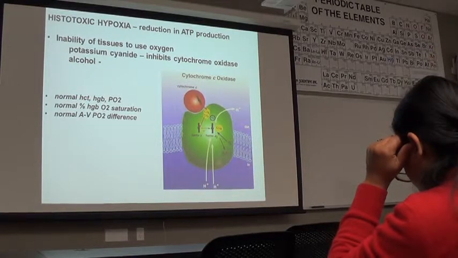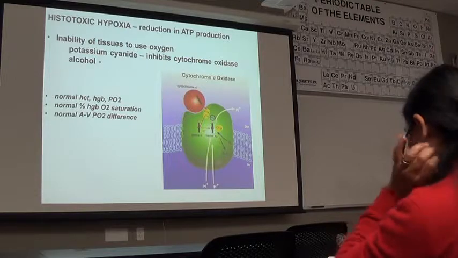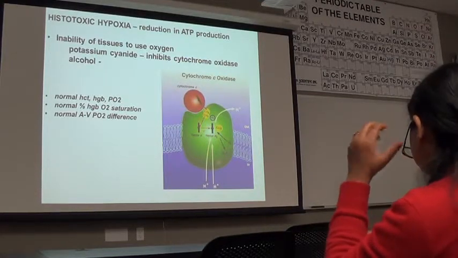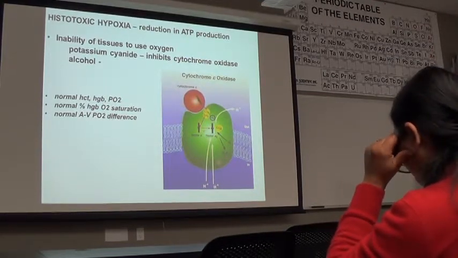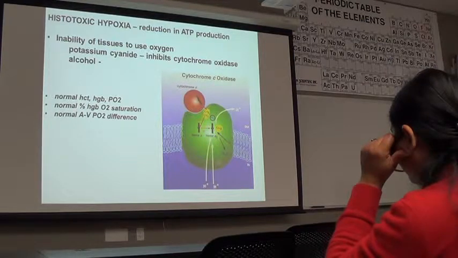So the alcohol and potassium cyanide do the same thing? Similar. Yeah. All right, so then the last slide is really what we tend to think of when we think of hypoxia, and that's not breathing enough oxygen. So that term is called hypoxia.